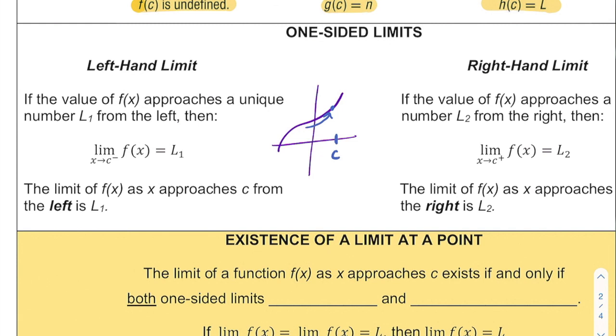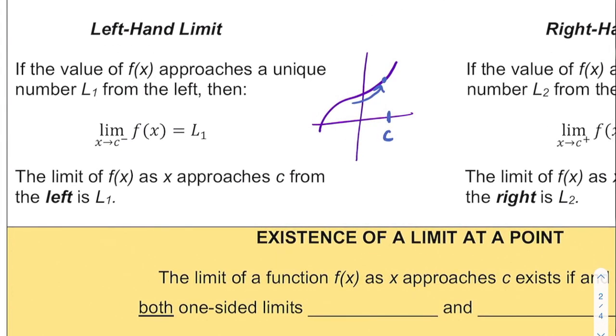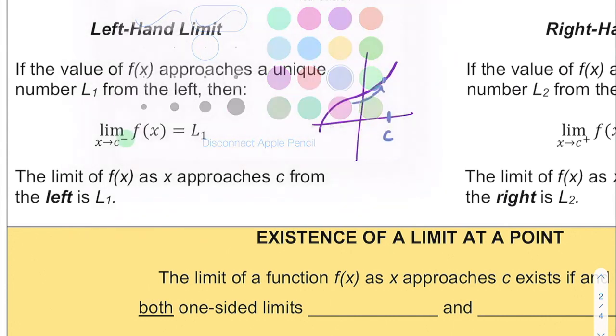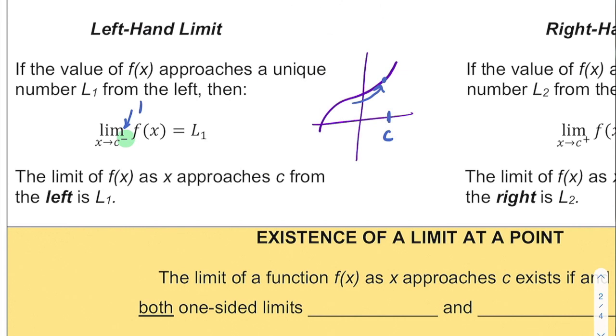If the value approaches a unique number from the left, we'll call this number L1, then the limit, this is our notation here. Here's the really key thing I want you to look at: this minus sign above the c means this is a left-handed limit.